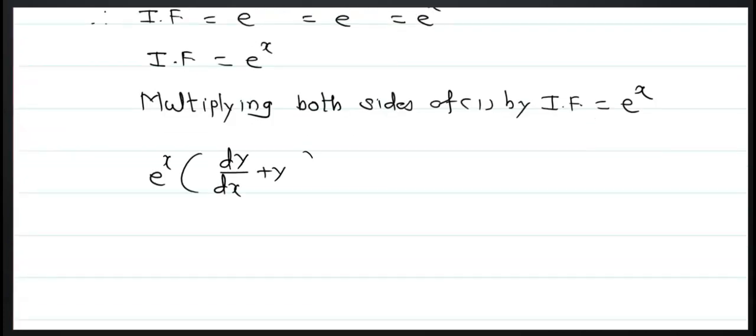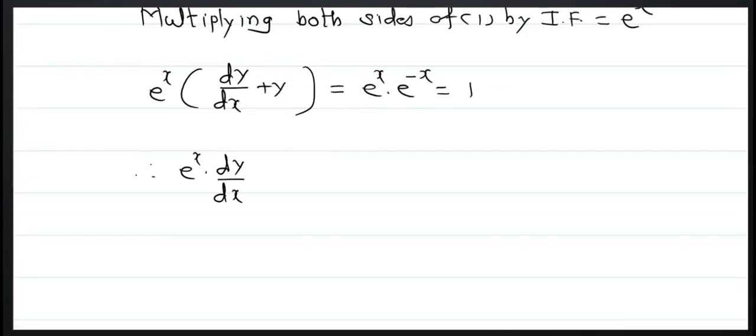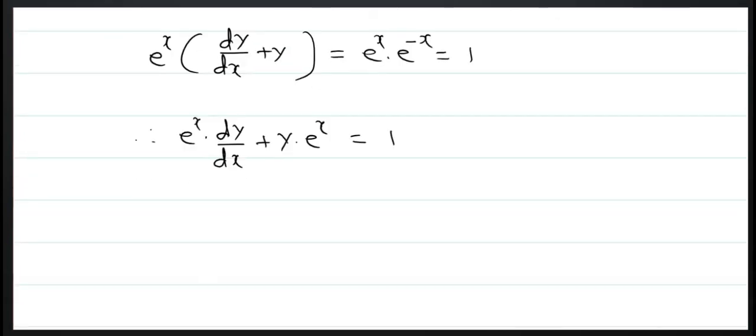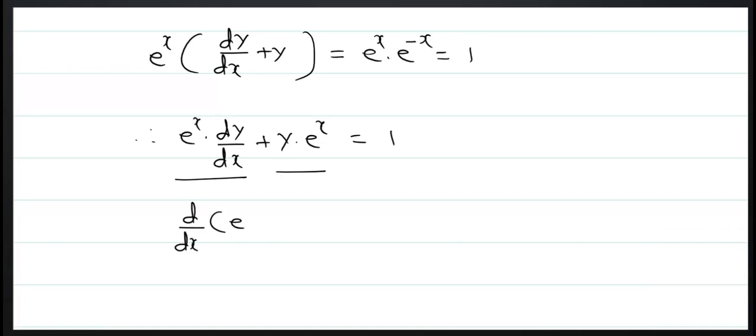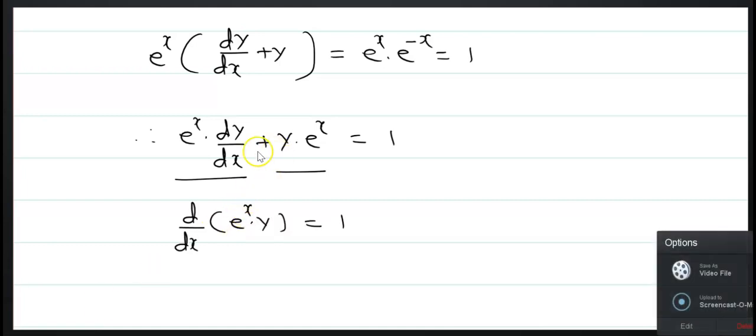That is e raised to x in bracket dy by dx plus y is equal to e raised to x into e raised to minus x, that is 1. e raised to x into dy by dx plus y into e raised to x is equal to 1. Now, if you see this, this is nothing but the differentiation of e raised to x into y, that is d by dx of e raised to x into y is equal to 1.